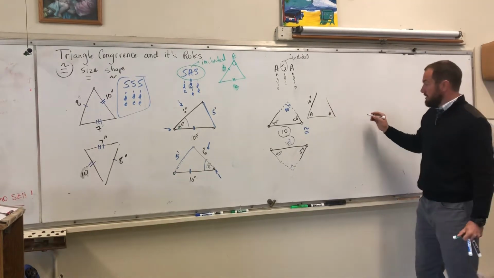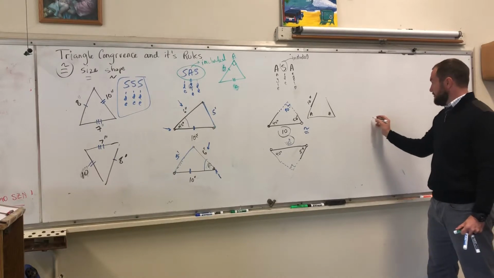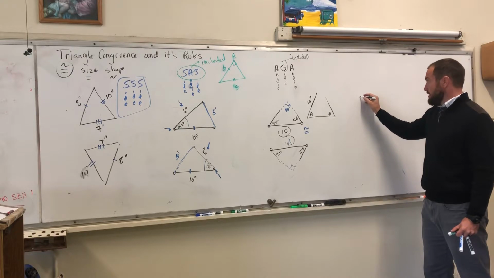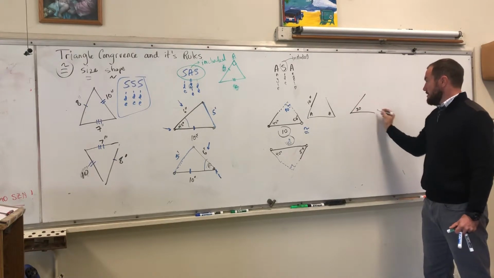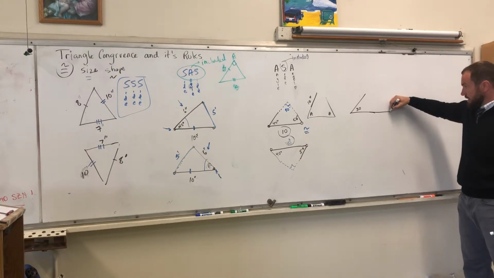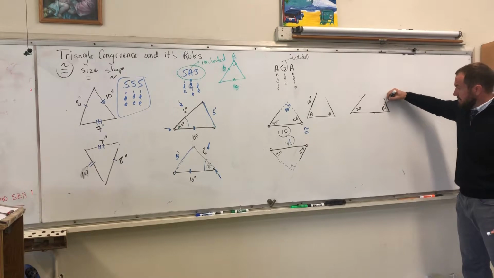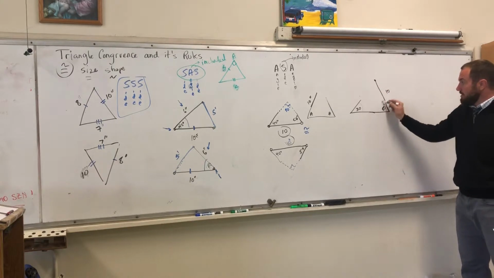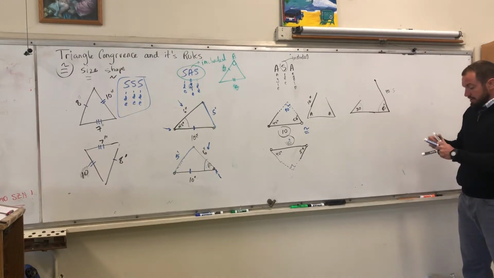Where you can have, let's say I draw a triangle. Again, actually this time let's start with an angle, maybe 30 degrees. Let me create another angle, let's say 80 degrees. And then let me make a certain side length of 10. Okay? Let's say this is 30 degrees. Now here I have an angle and a side.